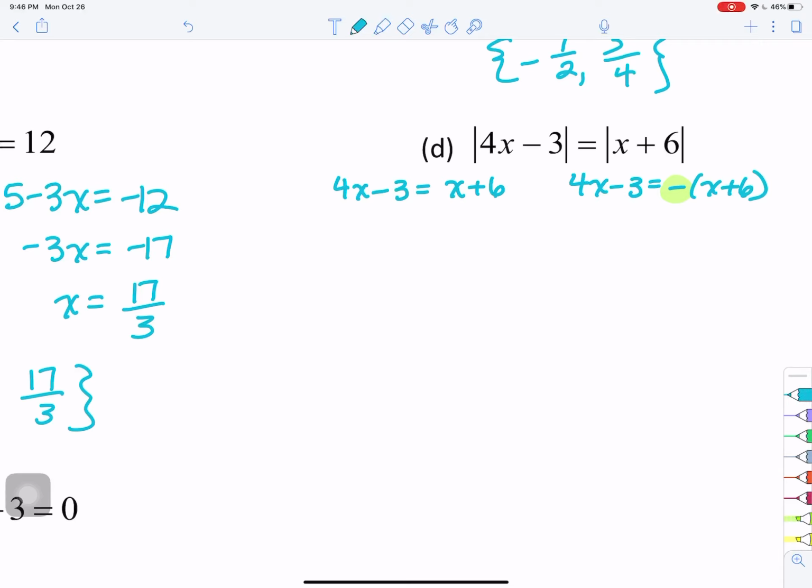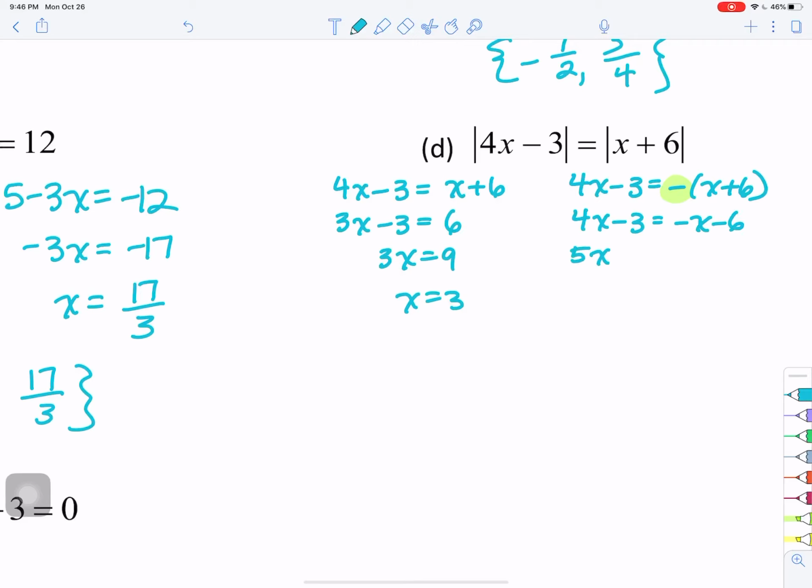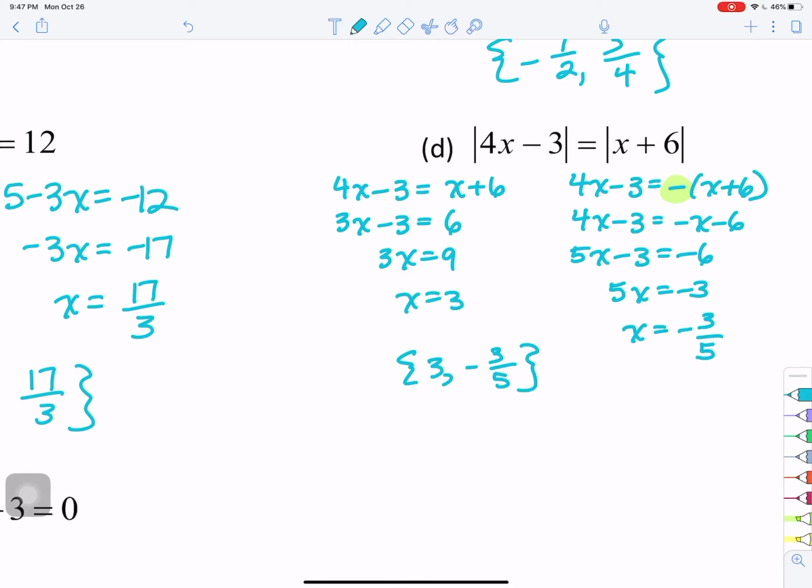You can pause the video, and then you can check with my work. Okay, if you're just turning the video back on, you can see the work, and you should have 3 and a negative 3/5 for your solutions.